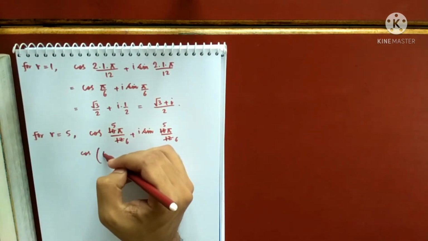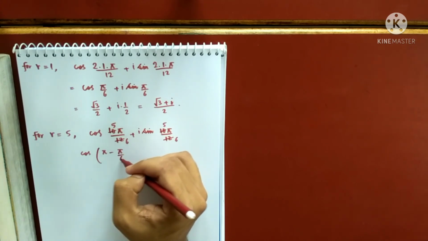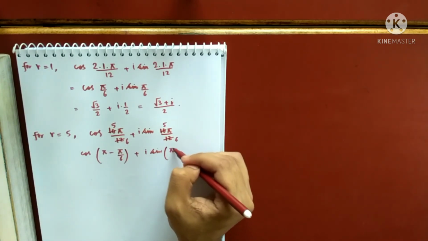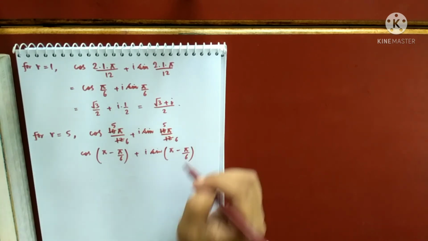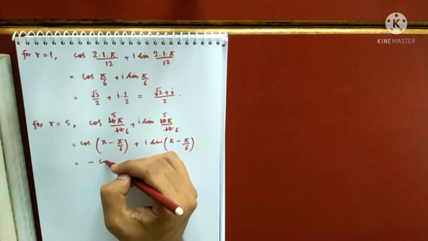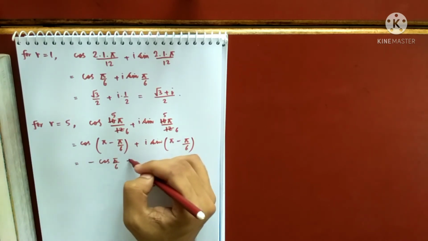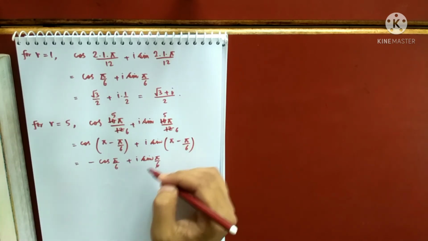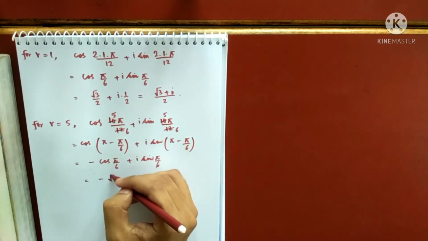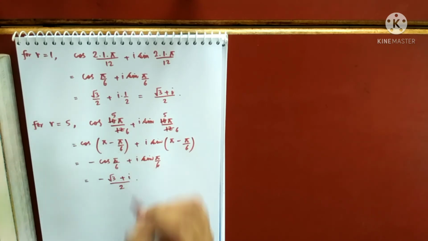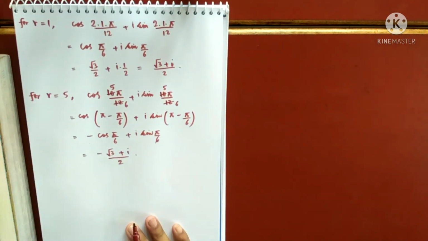Cos of 5 pi by 6 can be written as cos of pi minus pi by 6 plus i sine of pi minus pi by 6, where cos of pi minus theta is minus cos theta and sine of pi minus theta is sine theta. This is trigonometry. So what I will get is minus root 3 by 2 plus i times 1 by 2. This is another special root.